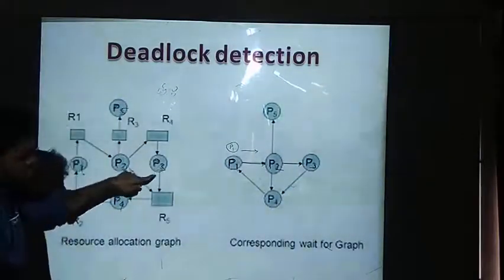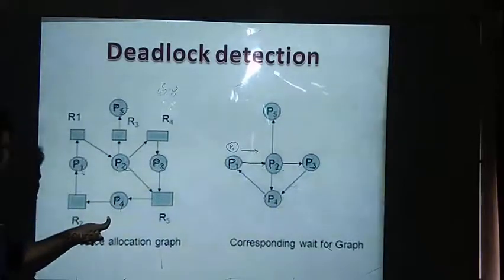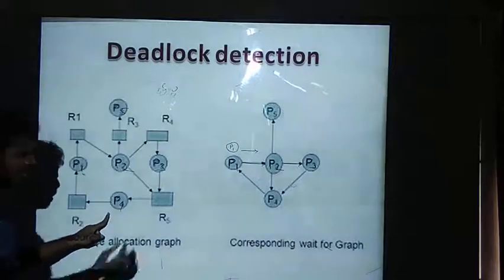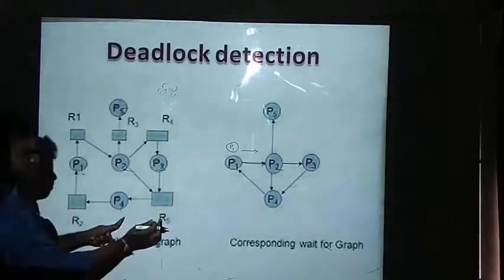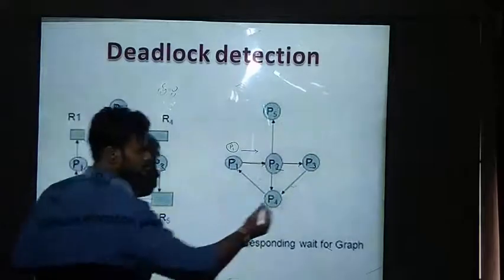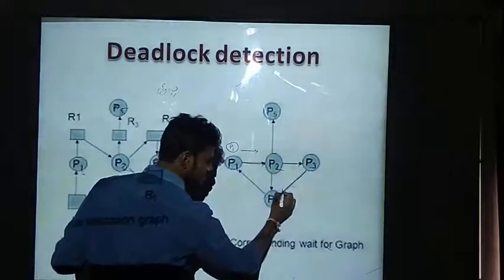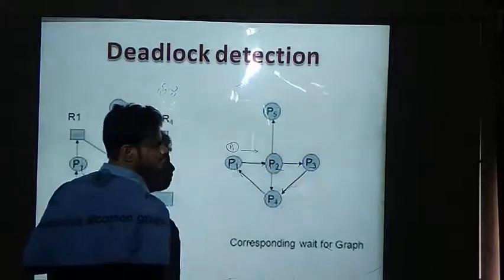And P3 is requesting R5, which is assigned to P4, and P4 is requesting R2. If P4 completes the task and R1 releases R2, then P3 is waiting for P4, and P4 in turn is waiting for P1.